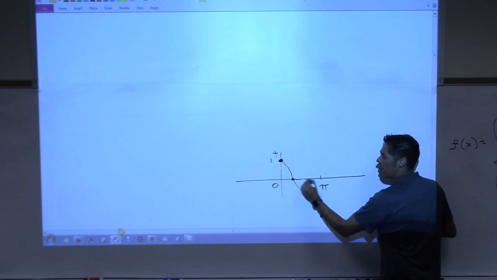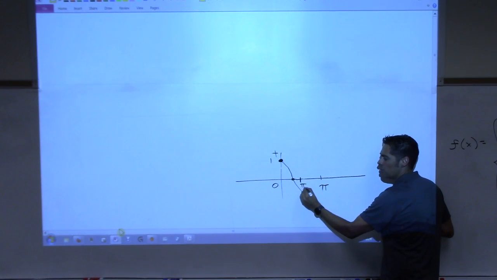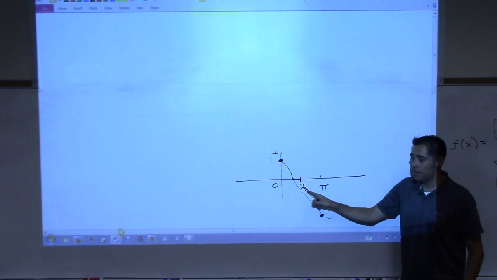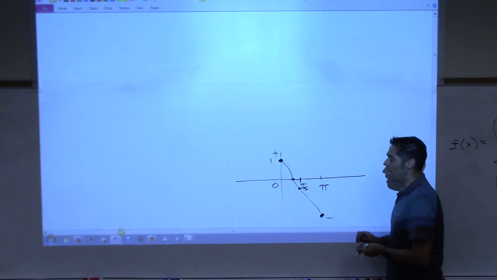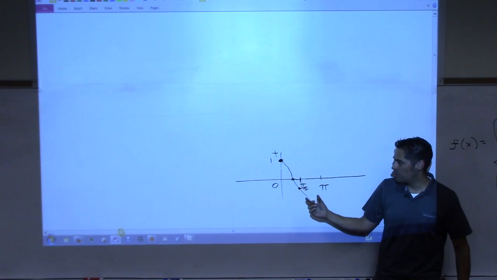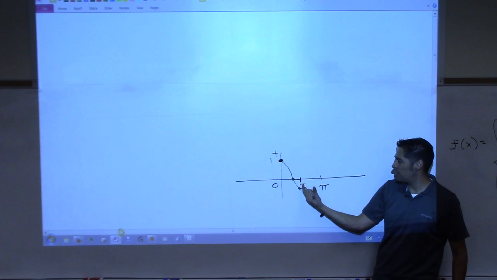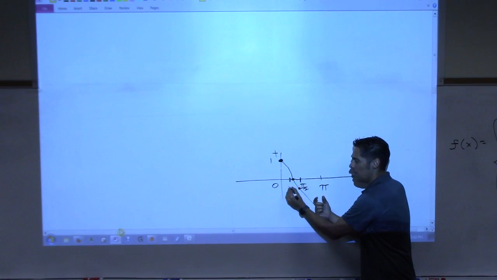So Wolfram Alpha says, all right, if it happens in here somewhere, let me go halfway, pi over 2. Let me try that. If it spits out a negative number, then it knows that the actual solution is somewhere between 0 and pi over 2, but it's not over here, right? So it cuts that in half again, and it tries pi over 4.